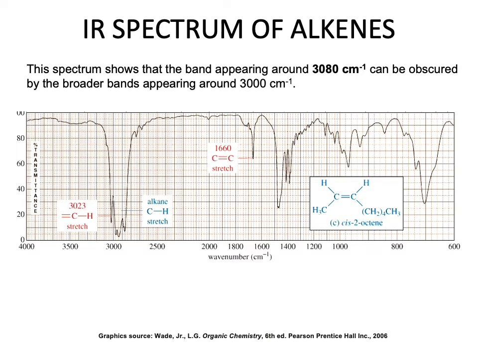For the alkenes, also you see if we have the cis formula, you have a different stretching. And the most important thing, because of the symmetry, we have the lower stretching of the CC double bond at 1660.